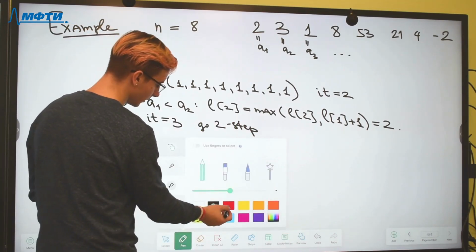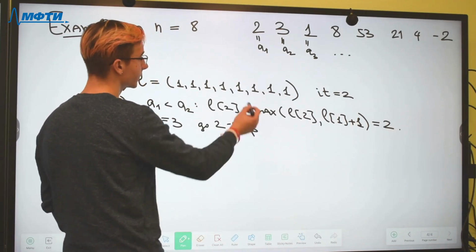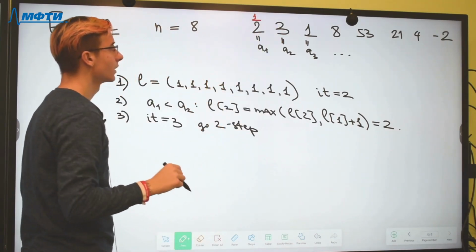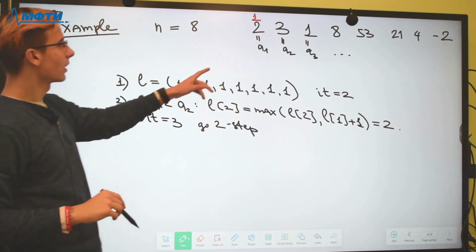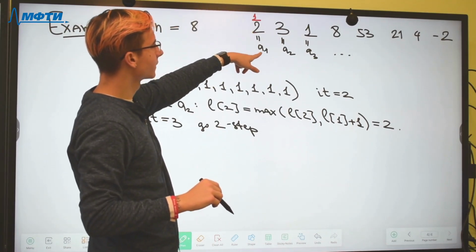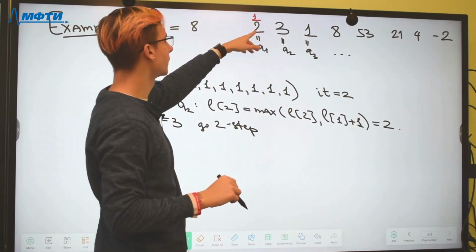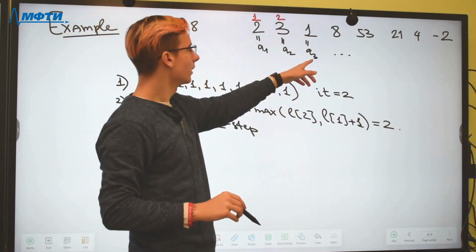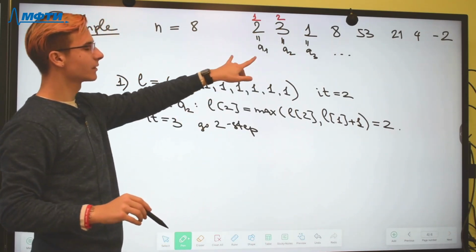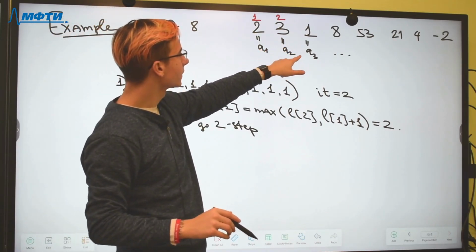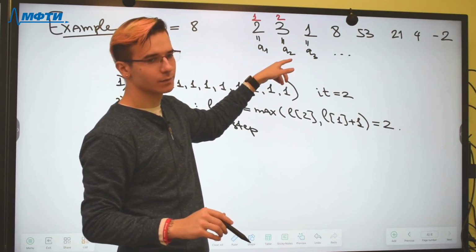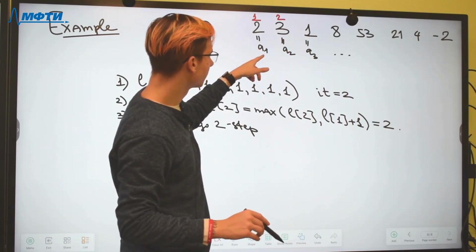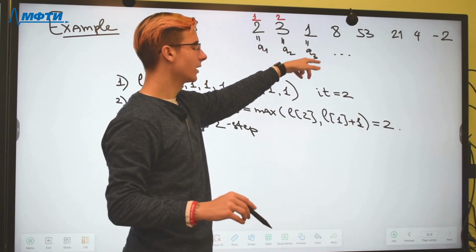I write these numbers over the numbers in this sequence. The longest increasing subsequence that ends with the first number is 1, here 2. Here we compare A3 and the previous A and see that there are no numbers less than A3.